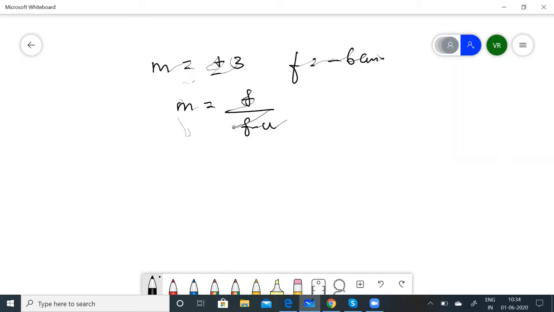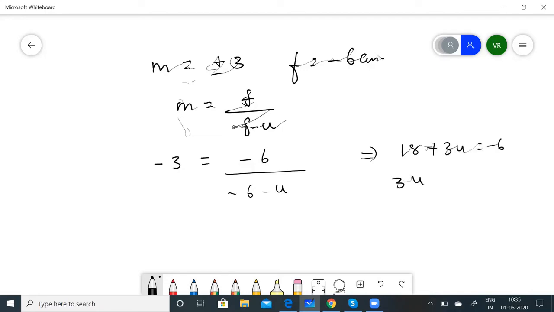Now let us first consider minus 3, the real image. That gives you minus 3 is equal to minus 6 by minus 6 minus u. When you cross multiply and simplify, that gives you 18 plus 3u is equal to minus 6, or 3u is equal to minus 24, or u is equal to minus 8 centimeters. So this is one.